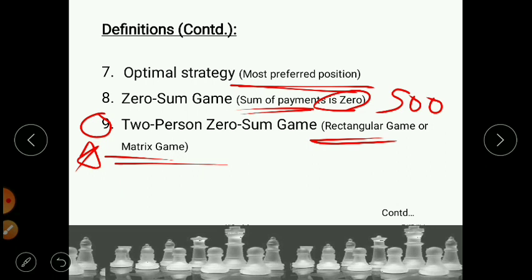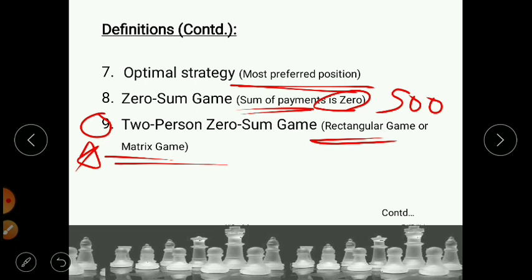As the name suggests, if more than two people are involved, let's say n number of players, then it can be called an n-person zero sum game. But for our syllabus, we'll just stick to the two-person zero-sum game, because according to our syllabus, only the two-person zero-sum game has to be studied.